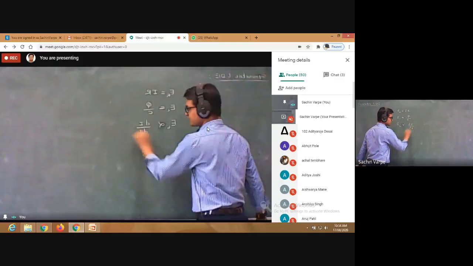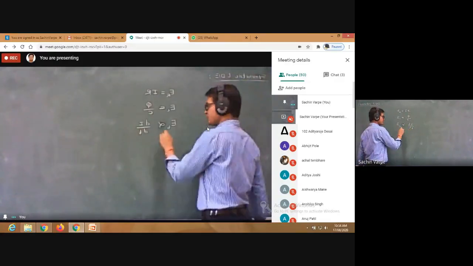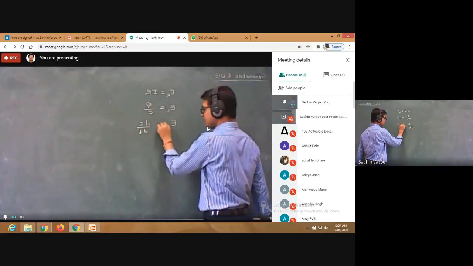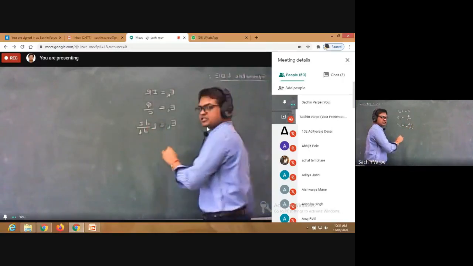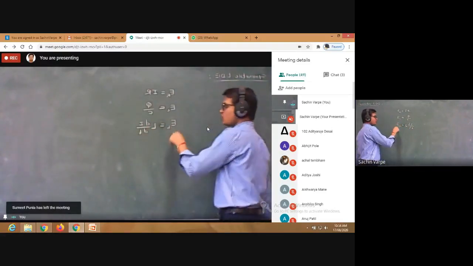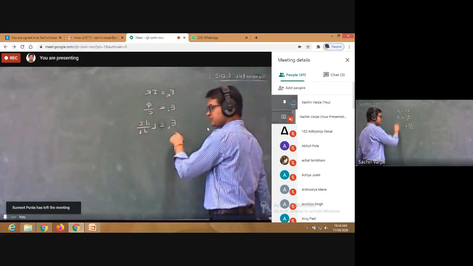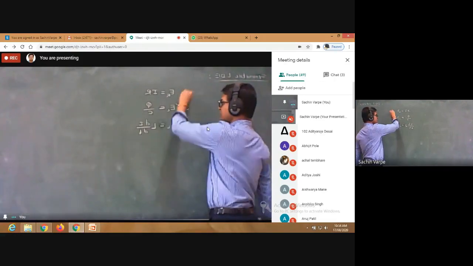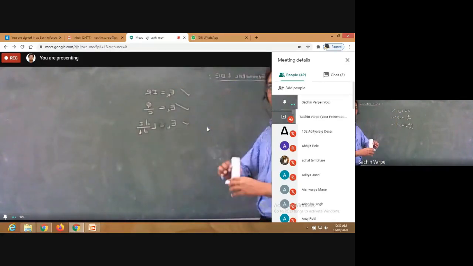Please check, is it correct? The proportionality constant is L. So E is equal to L di by dt. This is the voltage drop across the inductor, this is the voltage drop across the capacitor, and this is the voltage drop across the resistor by Ohm's law.